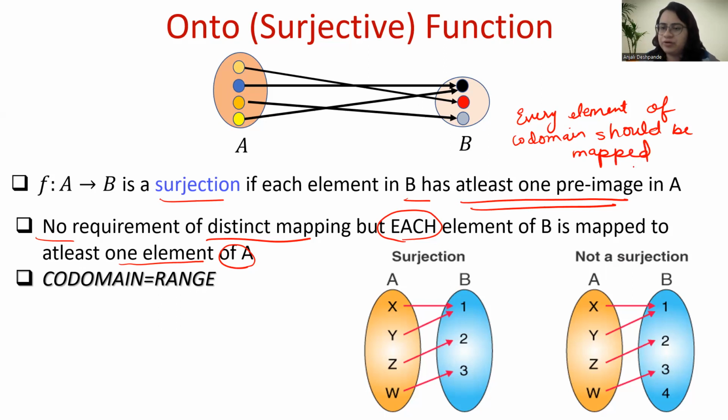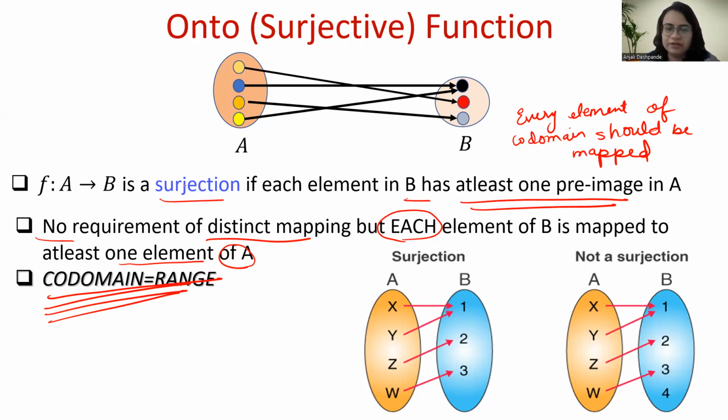Not a single element should be left out of the codomain. In short I can write this: codomain must be equal to the range.